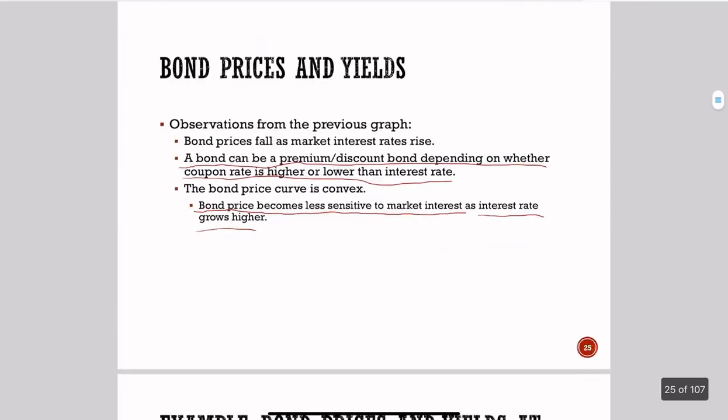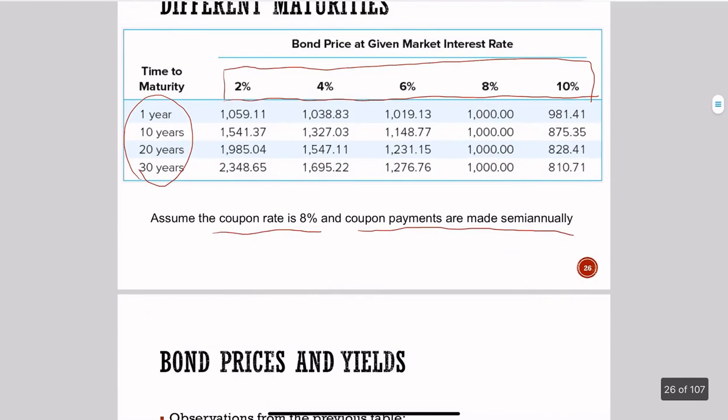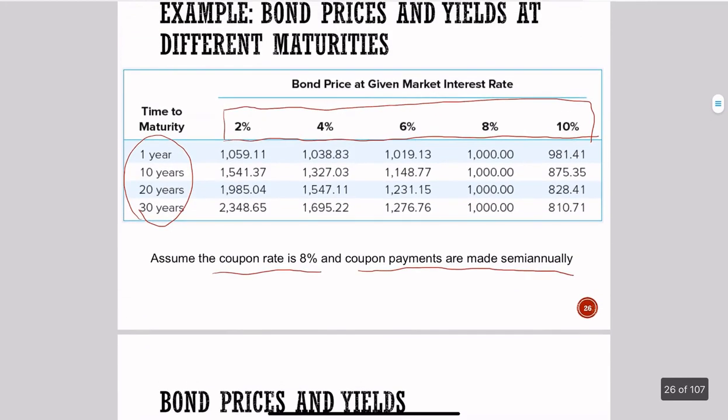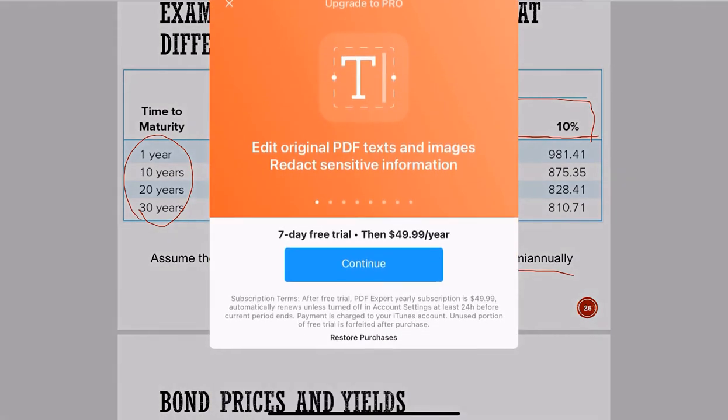You should be able to calculate all these numbers in this table. Of course, now our focus is not about these numbers or how we could get these numbers. Our focus here is we want to see how bond price would change with yields when we have different maturities.